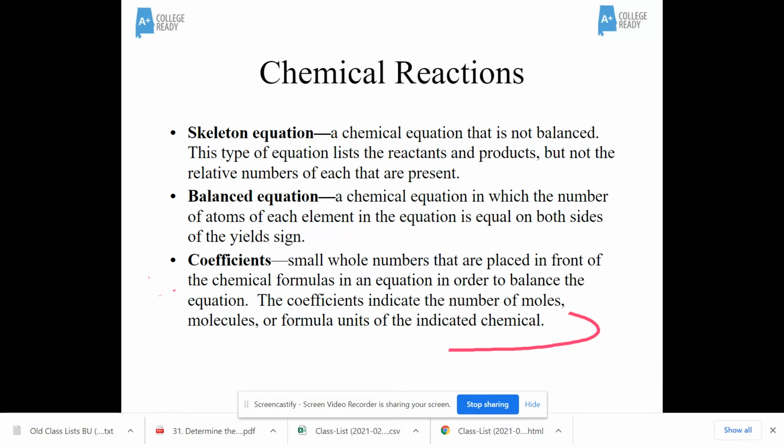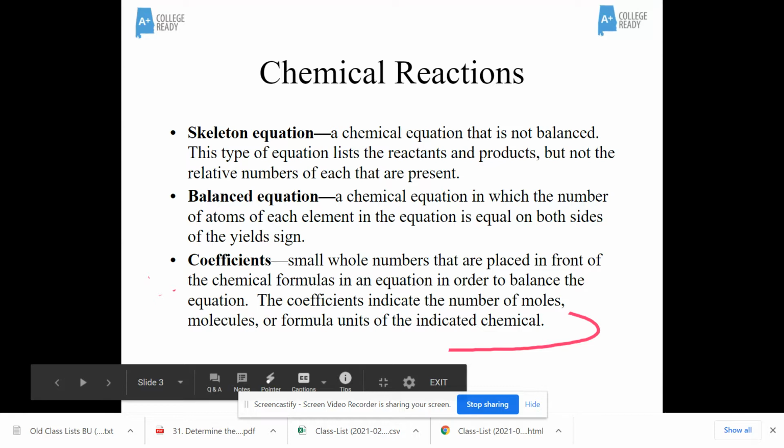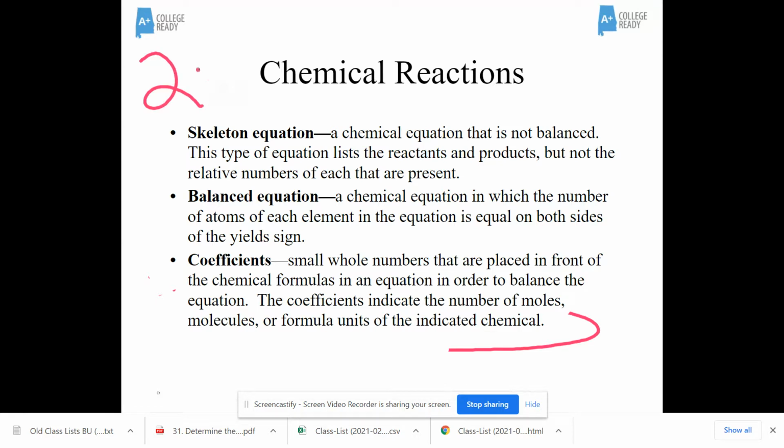All right, a skeleton equation is an equation that's not balanced. We don't have the same number of stuff on both sides. A balanced equation is when we have the same number of atoms on both sides. Now, just like in math, if I write 2x, what does that 2 mean?